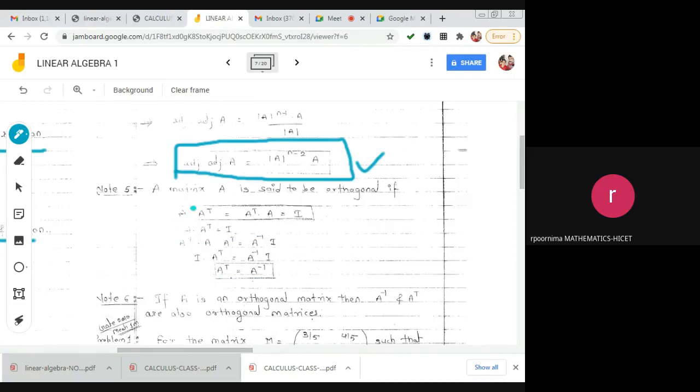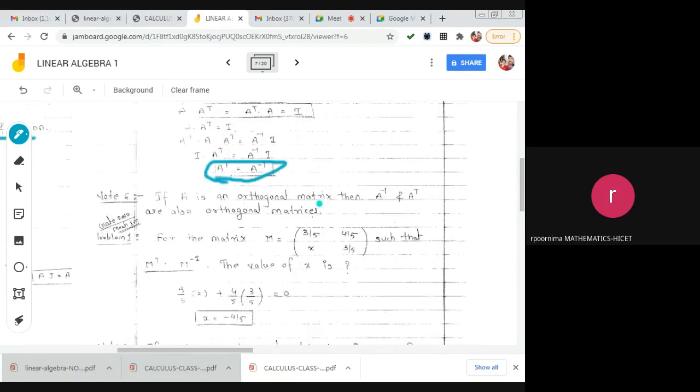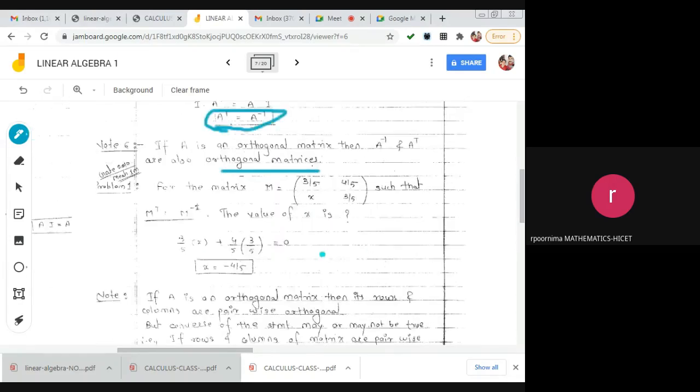The next, a matrix A is said to be orthogonal if A transpose equals A inverse. Okay. So if A is an orthogonal matrix, then A inverse and A transpose are also orthogonal matrices. For the matrix M, you will be getting 3 by 5, 4 by 5 as the first row, and the second row x, 3 by 5, such that M transpose equals M inverse. The value of x they will be asking.